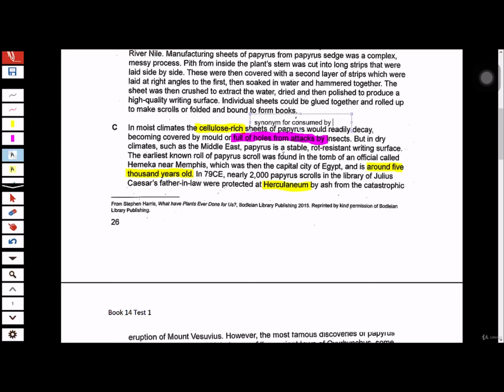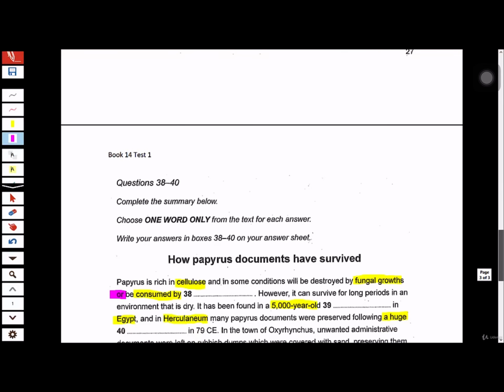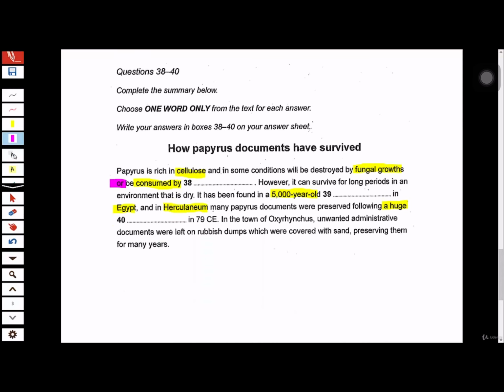When it says that it's full of holes by attacks, that's our synonym relationship. You have to recognize that synonym relationship, and you also have to recognize that when they say fungal growth, that's the same as mold. There's our "or" right there. So the answer for number 38 is insects.